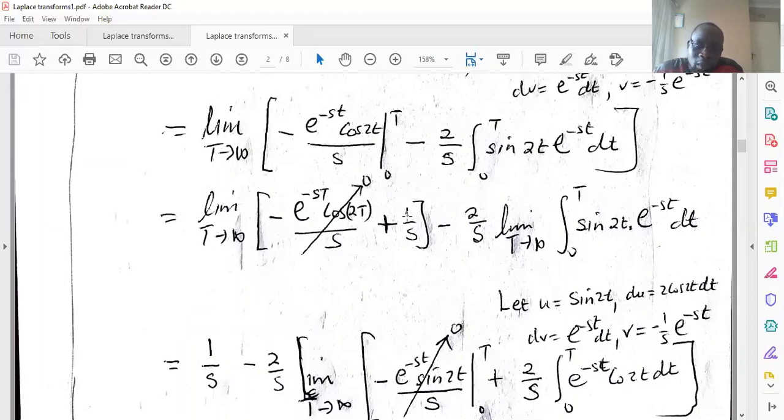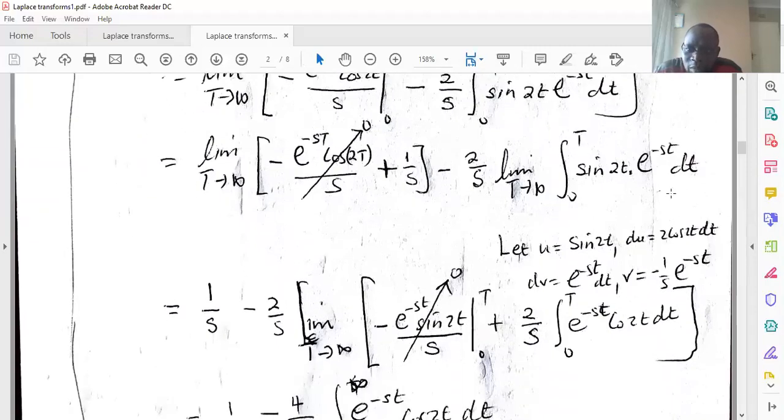So now we have this 1 over s, we leave it there, minus 2 times the limit as t approaches infinity of, applying the integration by parts method here, uv, minus e to the power minus st over s sine 2t evaluated from 0 to t, plus now 2 over s again, 2 over s times the integral from 0 to t of e to the power minus st times cos 2t.